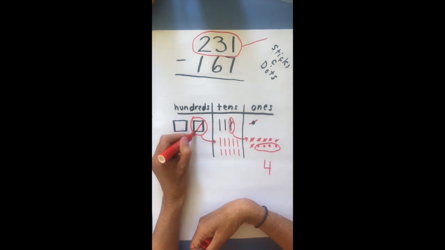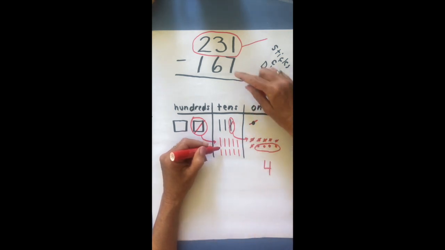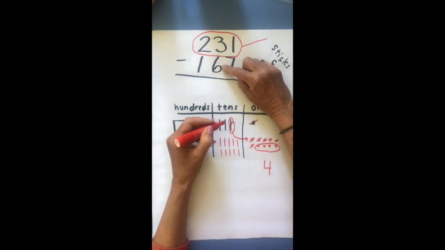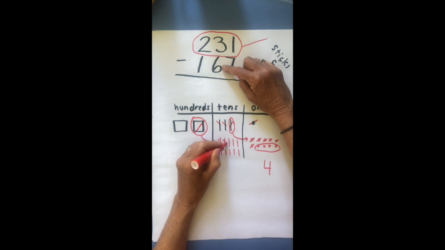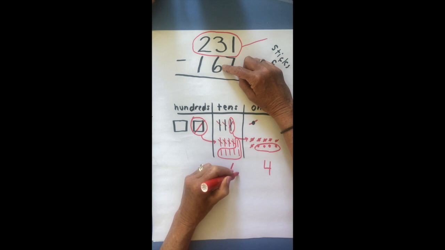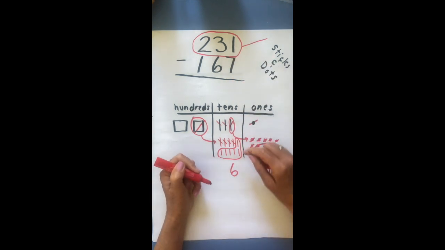Now that I've done that, this is gone because now it's over here, and I can take away 6 sticks. Remember, I'm going to go up here too because I always forget about the ones on the top. So I start at the top. 1, 2, 3, 4, 5, 6. And I'm left with this many sticks. 1, 2, 3, 4, 5, 6. So 6 sticks or 6 tens.